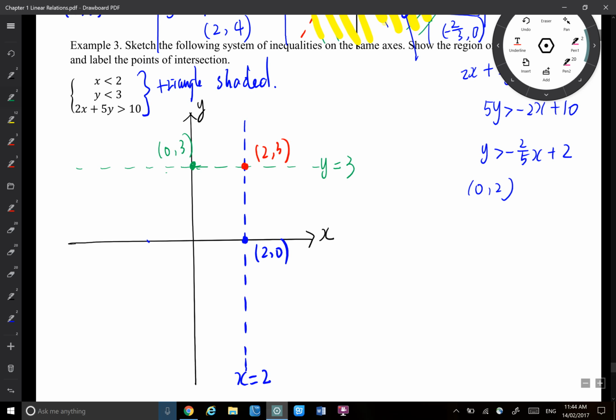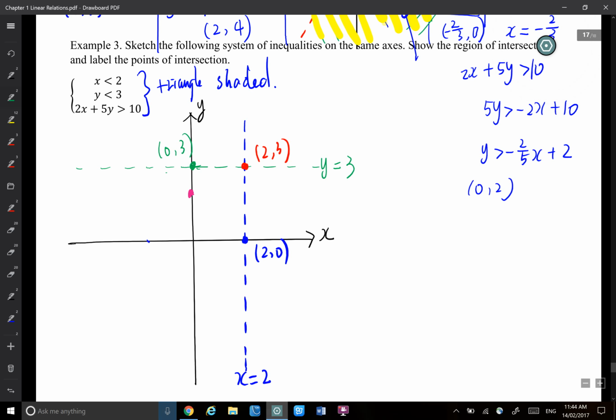So I have 0, 2 here. And the x-intercept: when y equals 0, minus 2 over 5x plus 2 equals 0. 2 over 5x equals 2. X will be 5. So 5, 0.